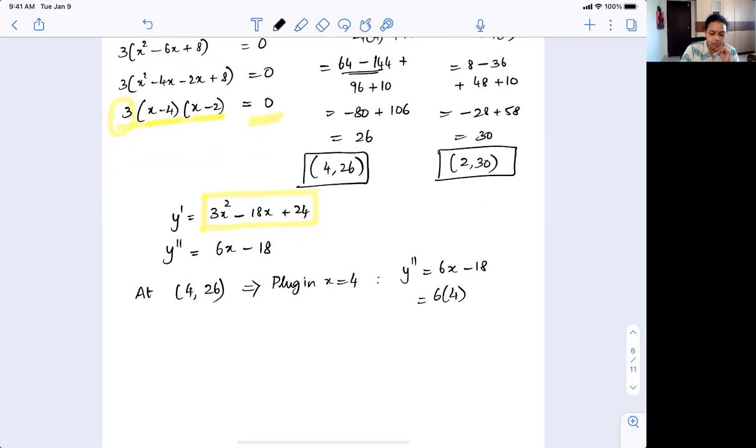I have 6 times 4 minus 18, so this is 24 minus 18, which is 6. Therefore, at (4, 26), y double prime is greater than 0. That is, it is convex. Therefore, (4, 26) is a minimum.